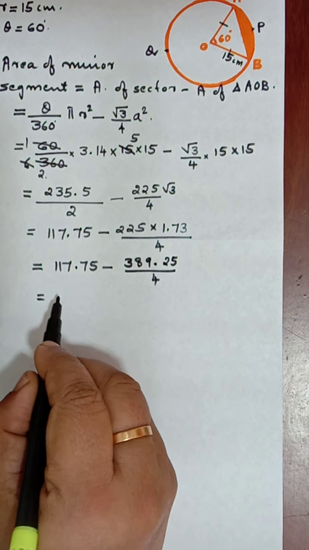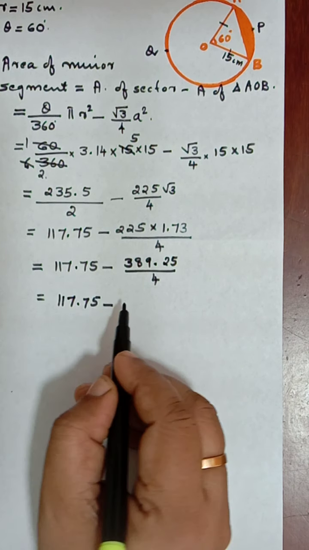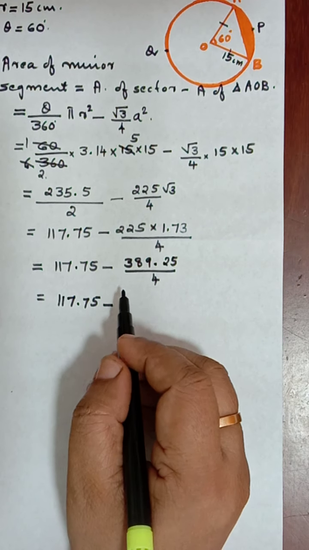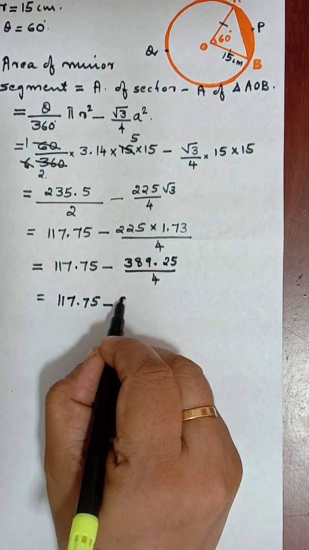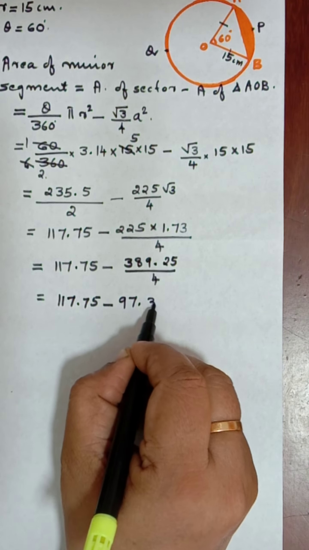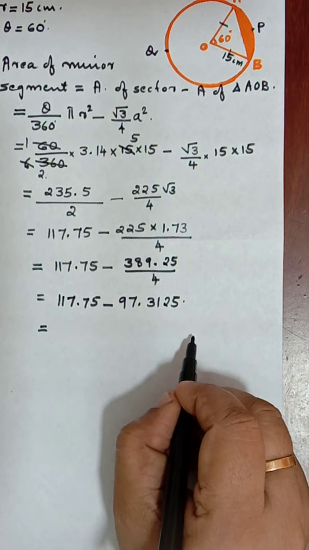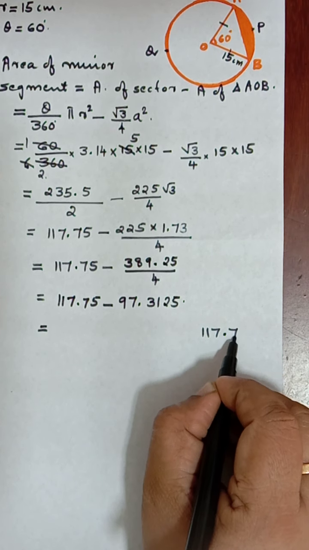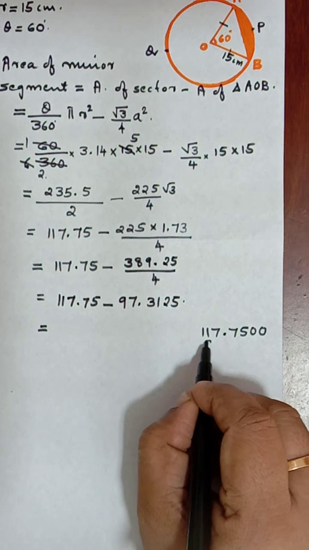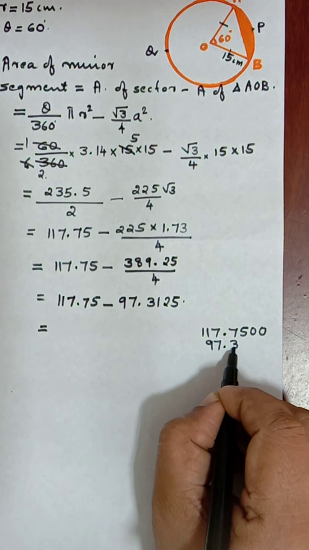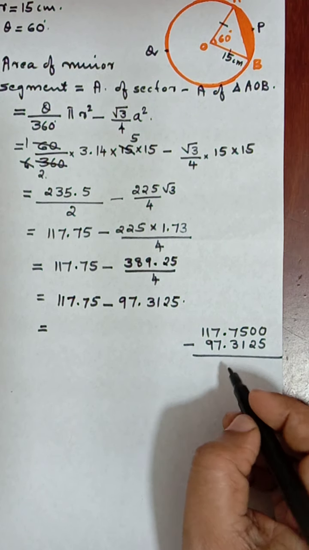So here just 117.75 minus, when we divide, what do we get? 389.25 divided by 4, that is 97.3125. Now let us have the subtraction. So here 117.75, here there are 4 decimals, so 2 more places we are giving, subtracting 97.3125. Do the subtraction, you are getting the answer.